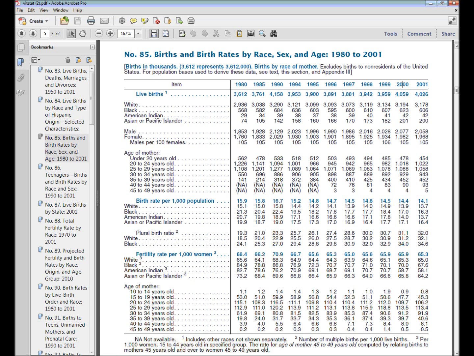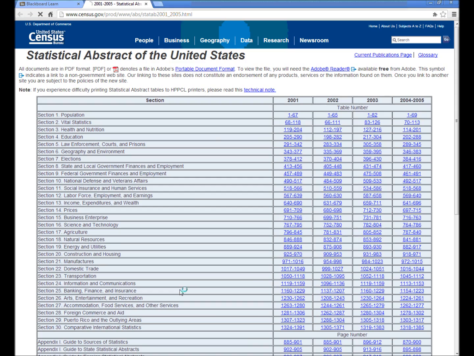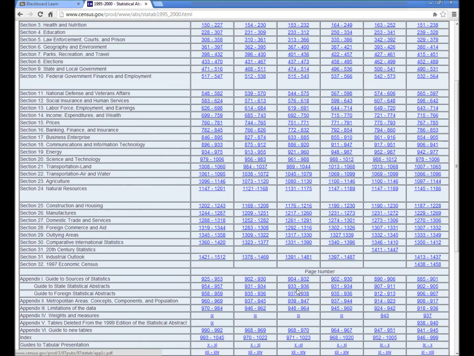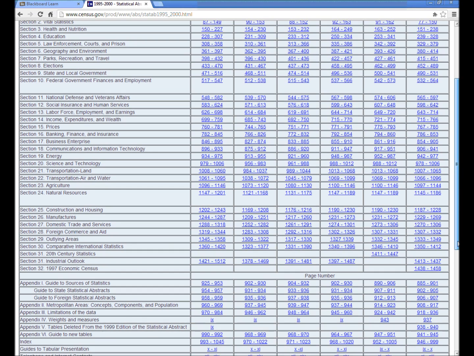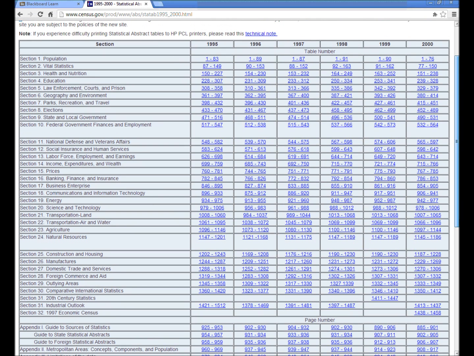And one last table that I want you to look at, and again we're going to go look at 1999, because 1999 has some special statistics. These 20th century statistics, which we don't have anywhere else, are here, and you will be using them in one of the assignments. But there's also another table that I want you to be looking at, and it is table number 109.